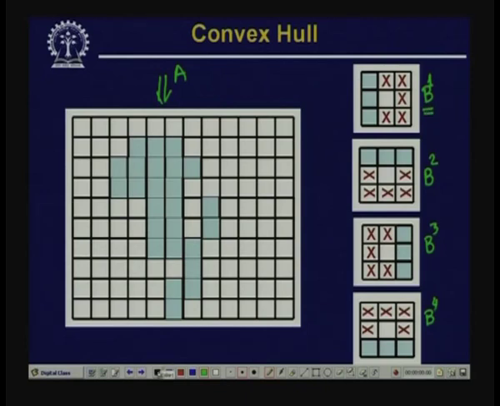To demonstrate this output, let us take different colors. So, all the hit or miss transforms of this set A with the structuring element B 1 will be represented in black color. If I take the hit or miss transform of this set A with the structuring element B 1, then you find that in the first iteration, these are the points which are going to be filled, as we have marked with 1.